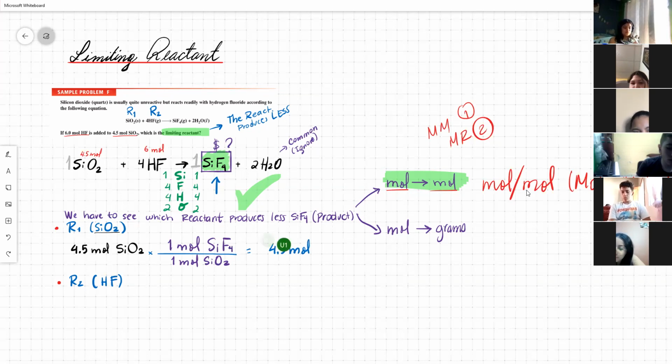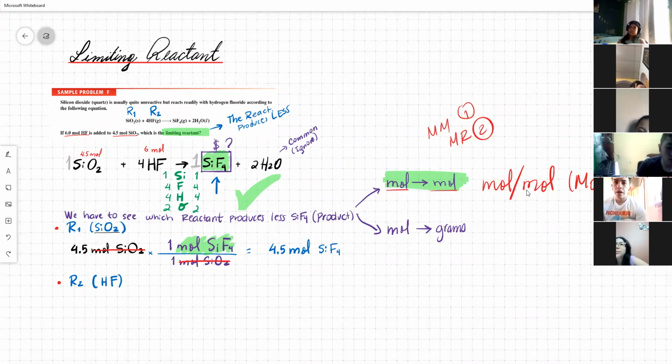Since you are eliminating the moles of silicon dioxide with the moles of silicon dioxide, the units that you have to write are silicon tetrafluoride. So these are 4.5 moles of silicon tetrafluoride. That's the product of one reactant.